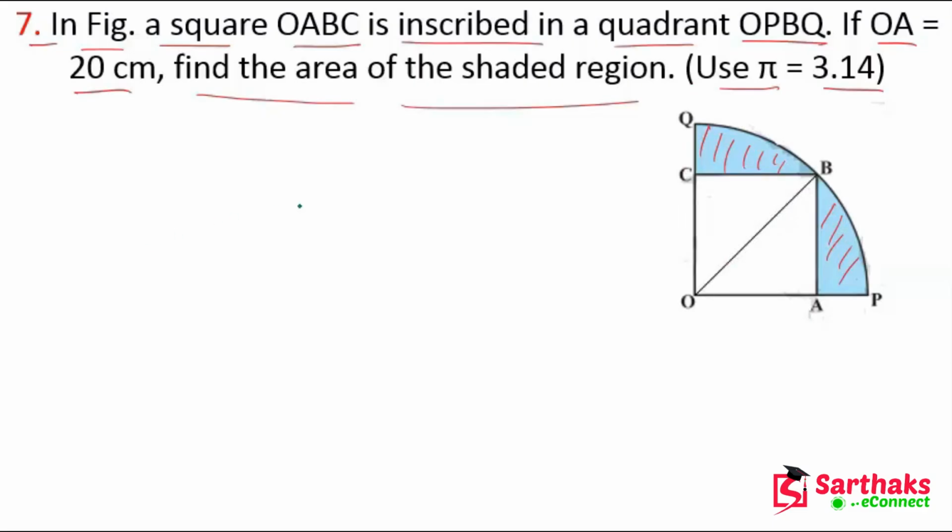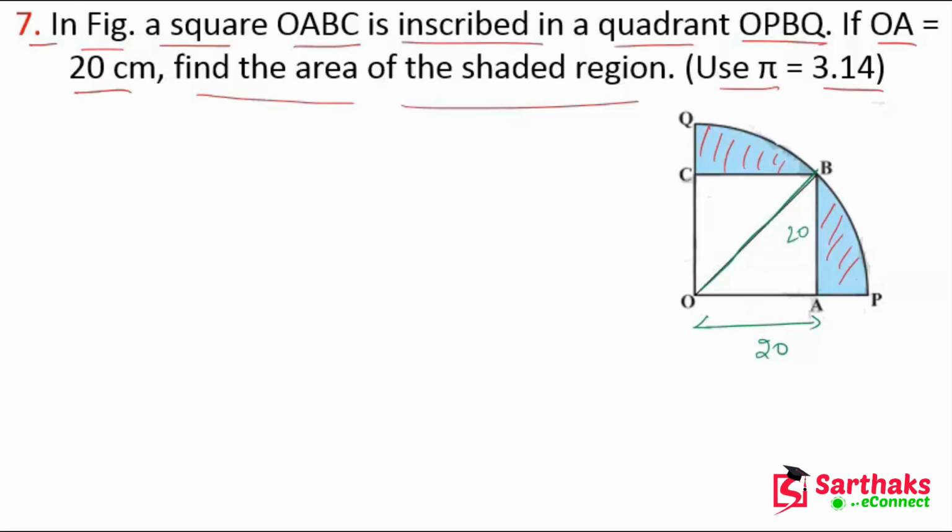So now, for finding the area of this quadrant, firstly we have to find the radius, which is what? OB. Now we have the value of OA, which is 20 centimeter. So basically this is a square, so the value of OB is also 20.